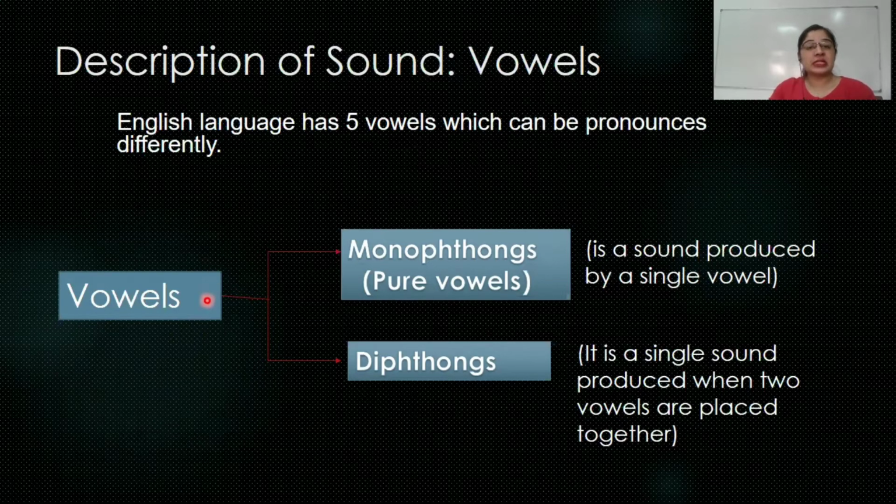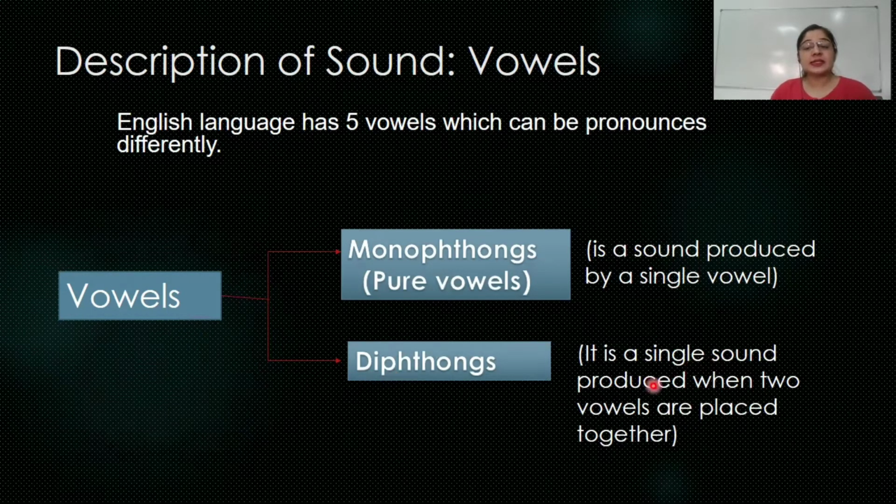Vowels are further classified into 2 parts. Those are monophthongs, which are also called pure vowels, and diphthongs. Monophthong is attached with the word mono. Mono means single. That means sound produced by a single vowel is a monophthong. And diphthong, di, means two.